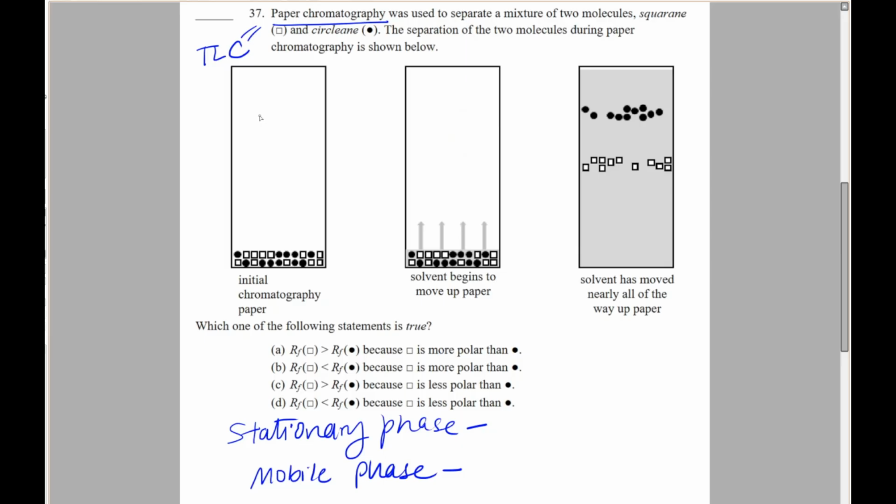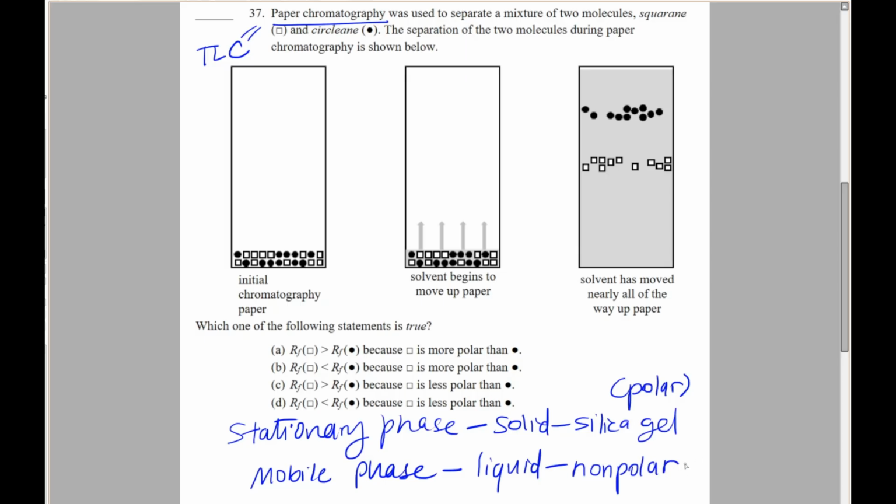Whether you put the solvent on or not, it is always just on the plate by default, and it's going to be solid, and it's usually going to be silica gel. And silica gel is a polar compound. So if we're using a polar compound as our stationary phase, we need a liquid mobile phase that is nonpolar in order to separate the compounds that we're analyzing in terms of polarity.